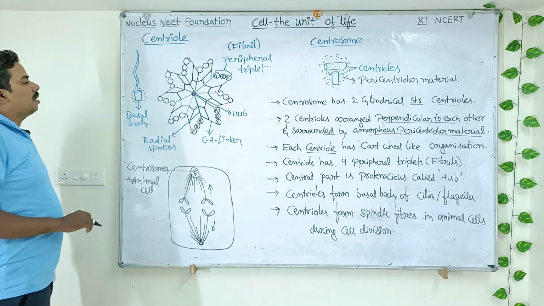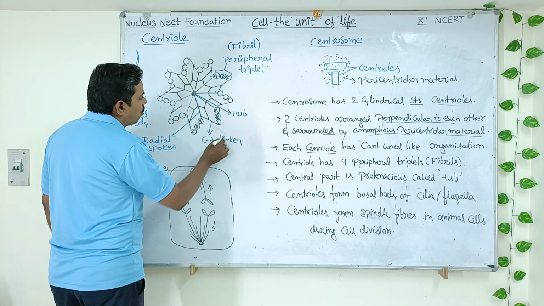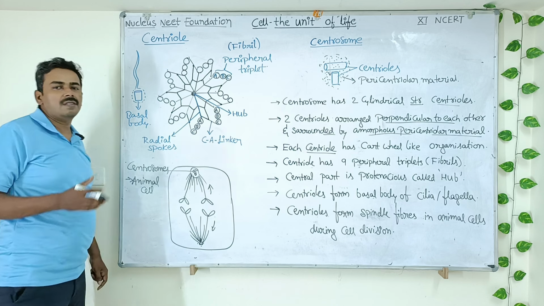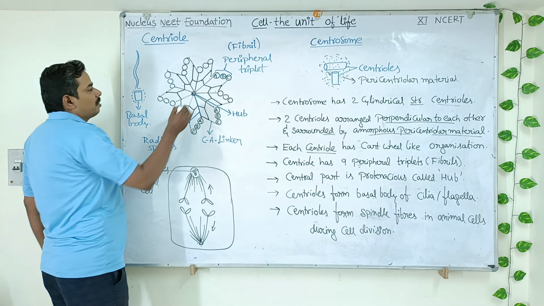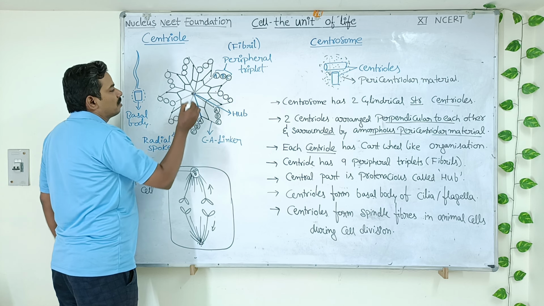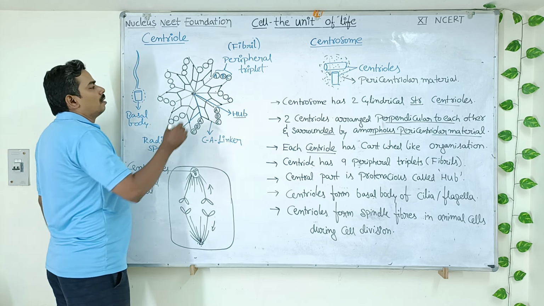First of all, there is no plasma membrane surrounding a centriole. At the center there is a protein rich region called the hub.